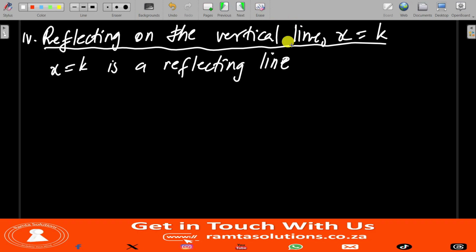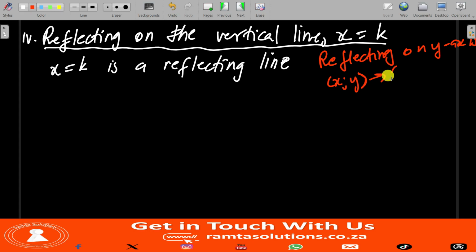Just like with the previous one, this comes from reflecting on the y-axis. There, x, y gave us y staying the same but the x value changing sign. You guys recall, right? It is the same thing here.